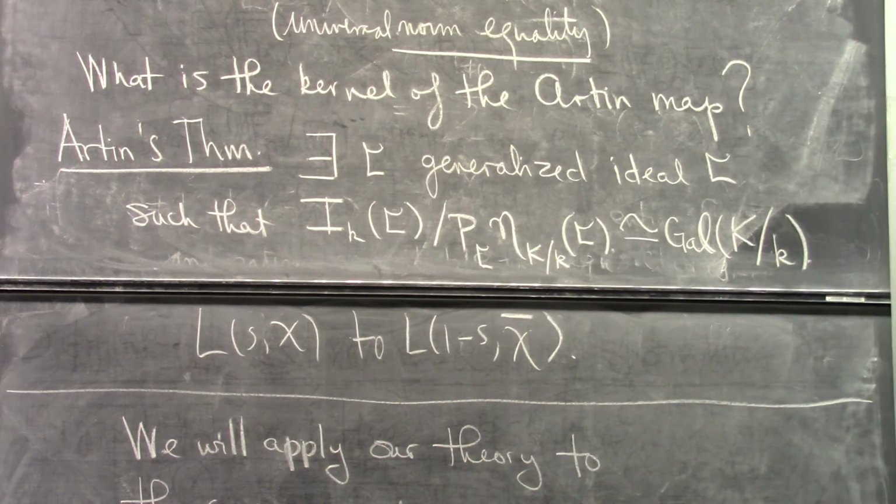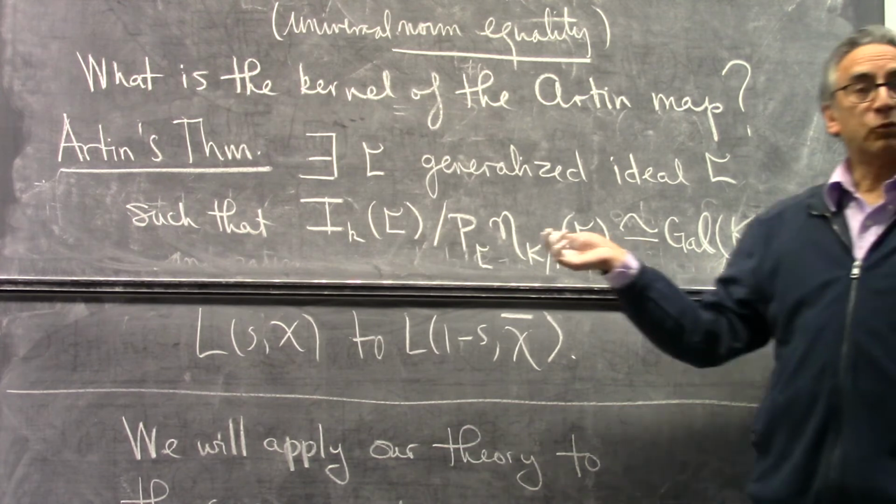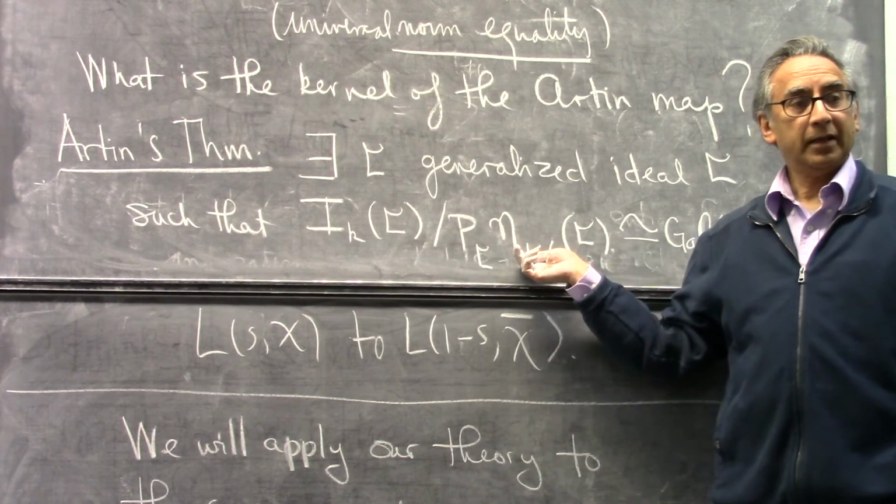So the kernel of the map is one of these congruence subgroups that we defined.